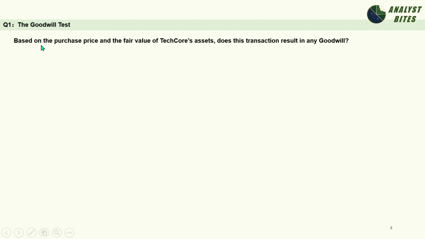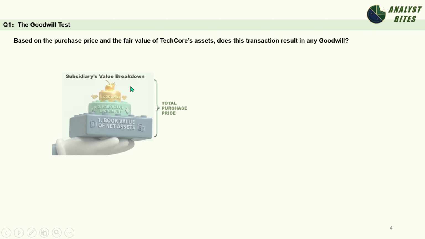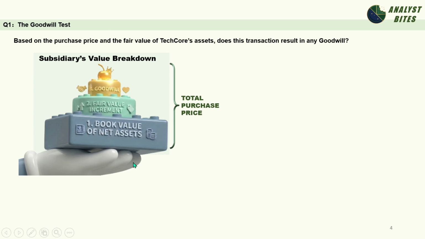Now let's do the first question. Based on the purchase price and the fair value of TechCo's assets, does this transaction result in any goodwill? Think of the target company as a cake made of 3 components. First, the book value.